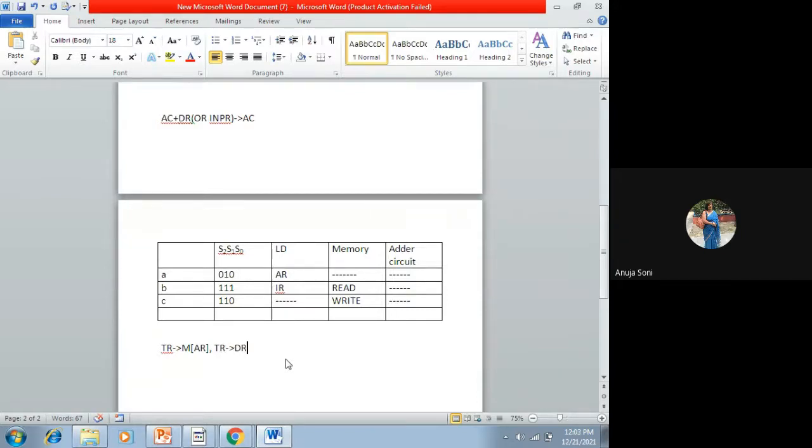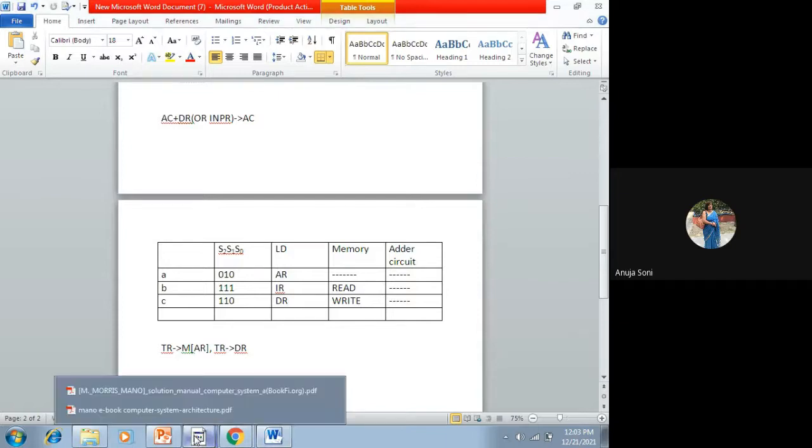One copy from TR would have been transferred to MAR, another copy would have been transferred to DR also. So under the load signal, we would have written DR also. So these are the first three parts that we have attempted of this question.